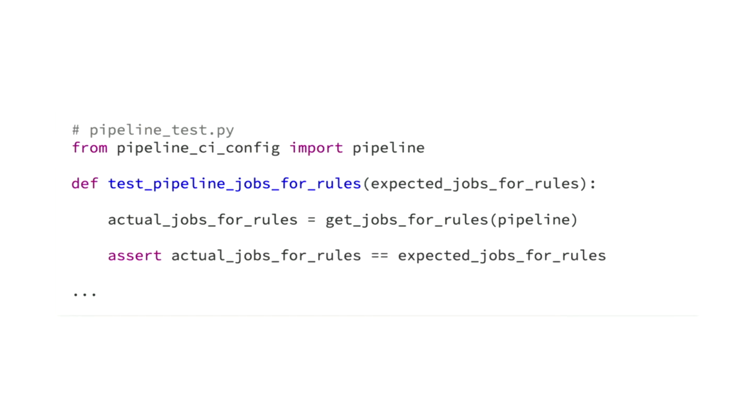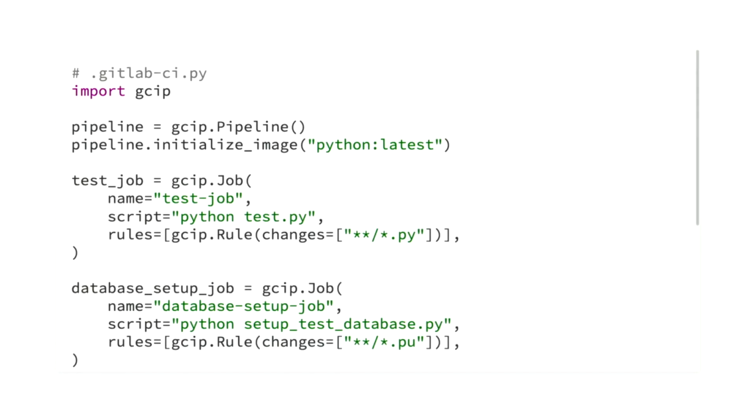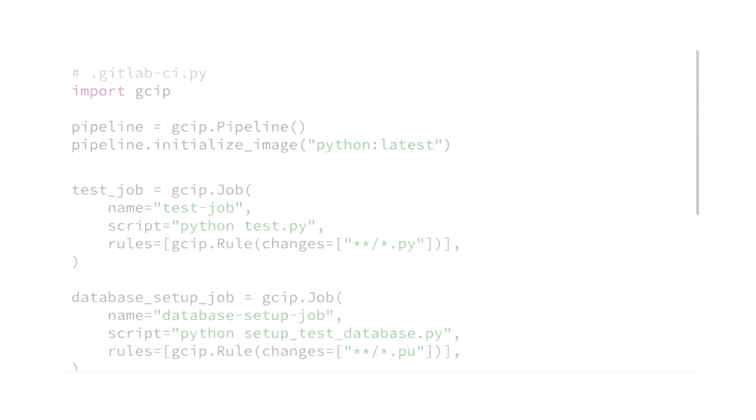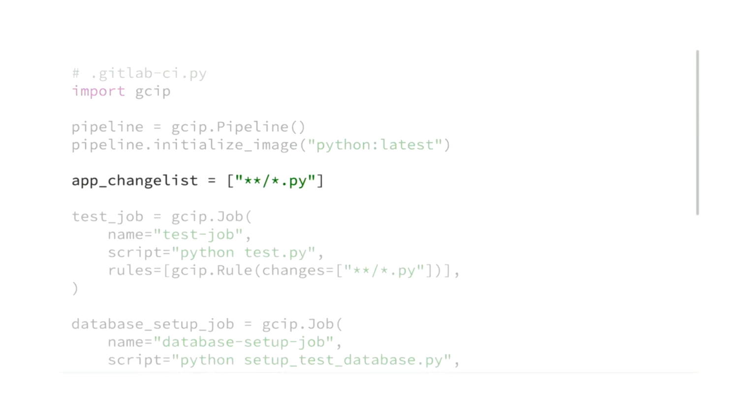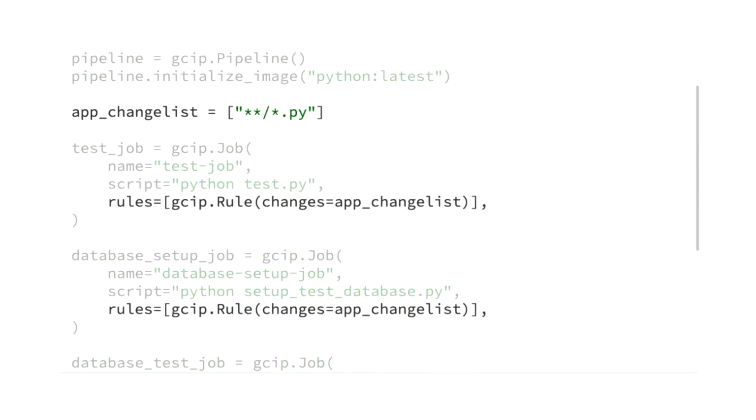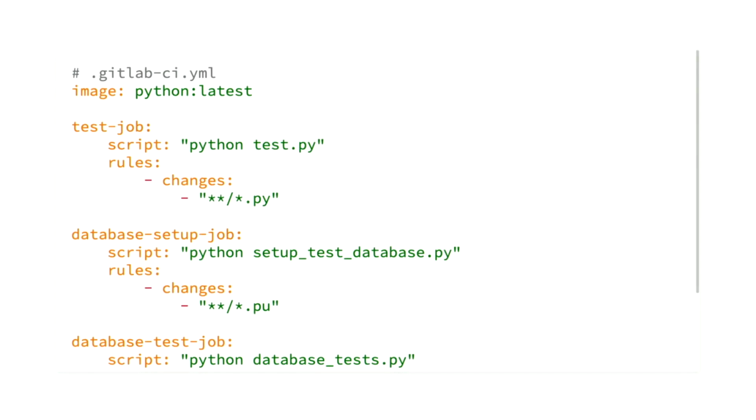However, there is one other thing to consider. Since our pipeline is now in Python, they do let us easily create a change set using a list that we can apply everywhere and thus help alleviate any rule mismatches, as all the rules will now be the same. This may have those of you knowledgeable in YAML thinking, doesn't YAML also let you create a list that can be referenced? And you'd be correct.